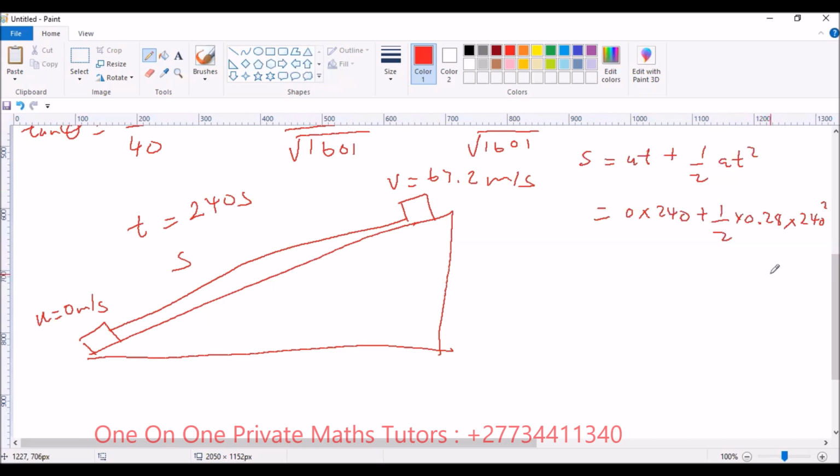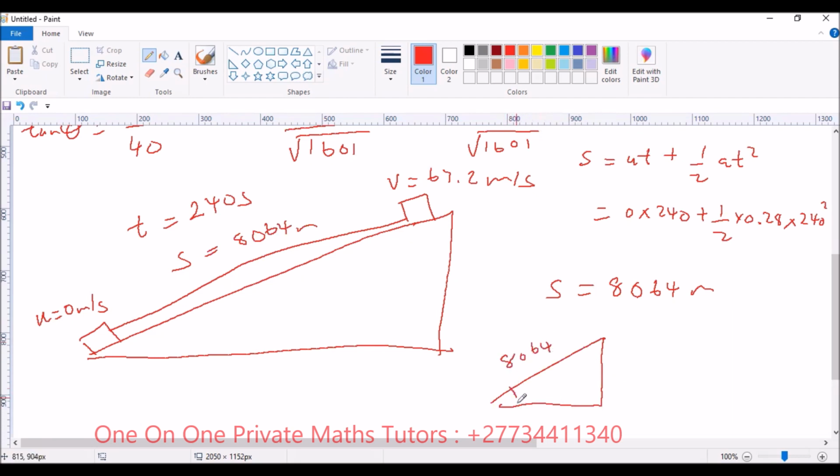Okay. So what do we find? Our distance covered is 8,064 meters. So we've covered the distance of 8,064 meters.